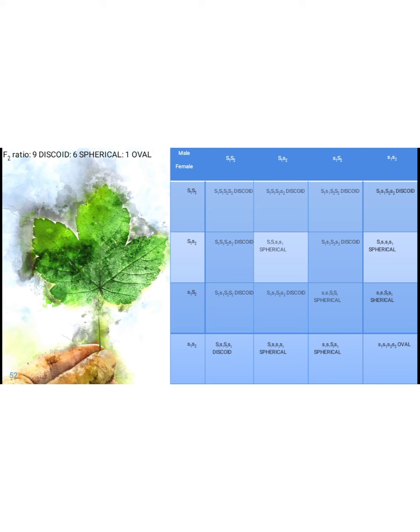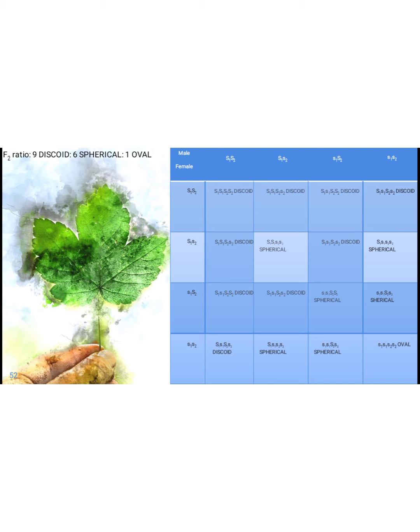Here is a clue to easily identify which variety is which. Out of four genes, if a minimum of 3 are dominant, it shows the discoid variety. If a minimum of 2 are dominant, it shows the spherical variety. And if all are recessive, it shows the oval variety.